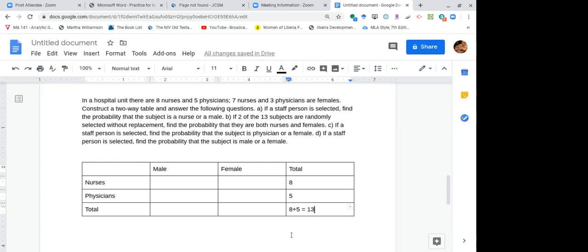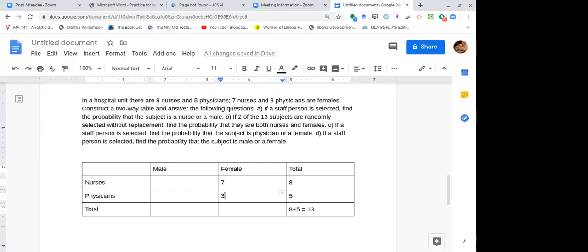Now it says 7 of the nurses and 3 of the physicians are female. So you go to the female column, and you go to the nurses on the first row: 7 of the nurses are female, and 3 of the physicians are female. Does that make sense? Mm-hmm.